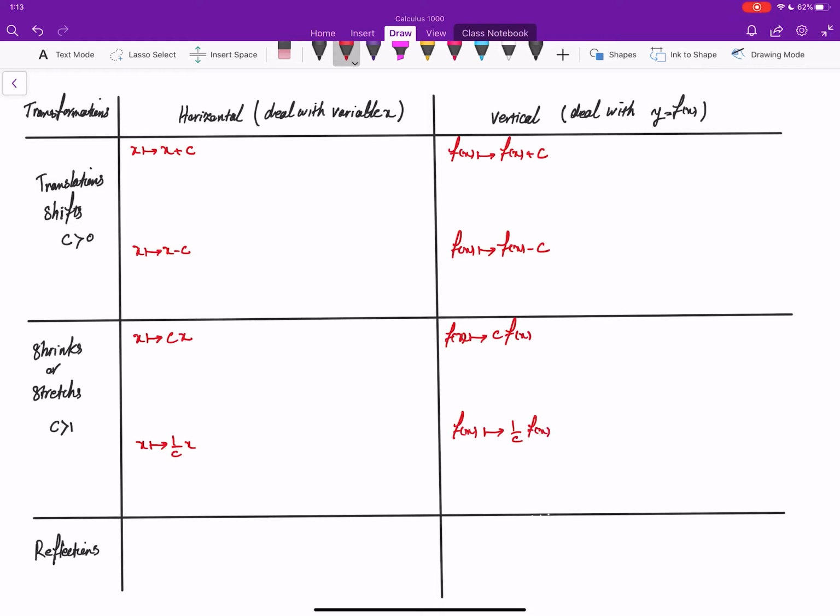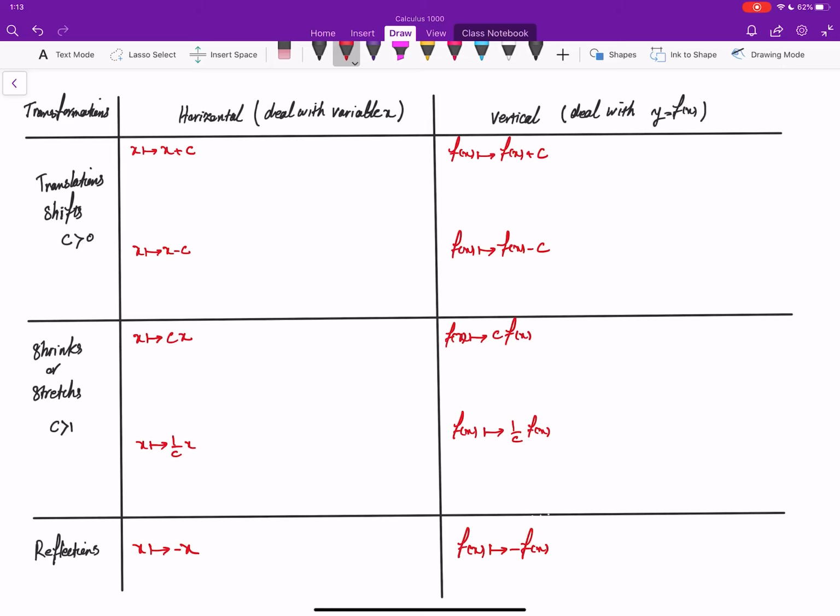This gives us the shrink or stretch. The reflection, however, is just one simple thing. You either switch x to negative x or f of x to negative f of x.